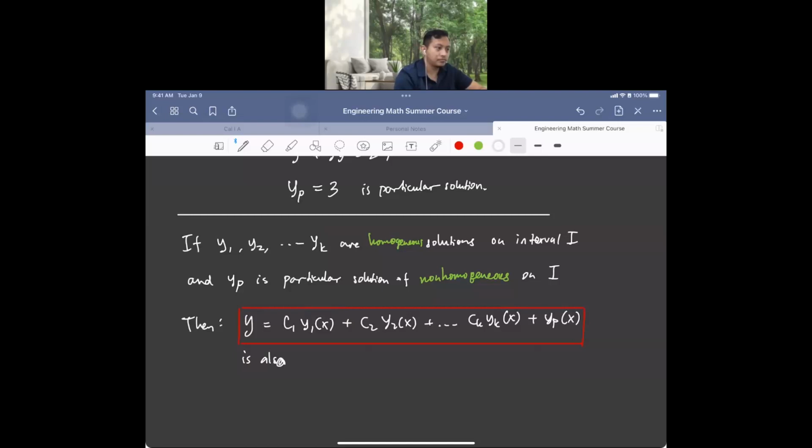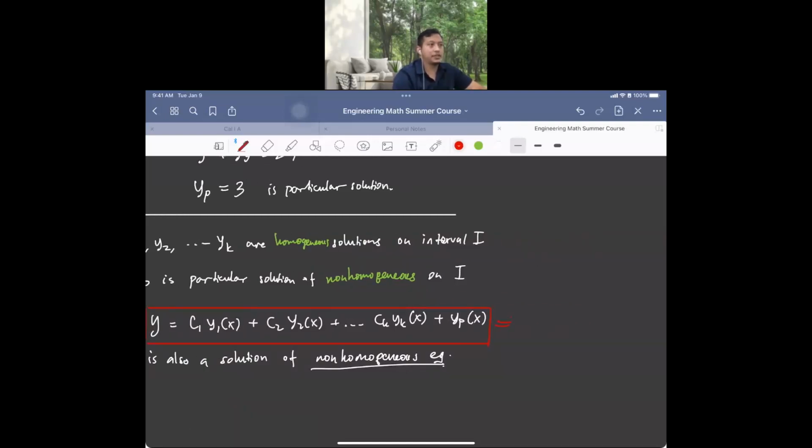We can call that this is also a solution of the non-homogeneous equation. So this becomes the general solution of the non-homogeneous equation.